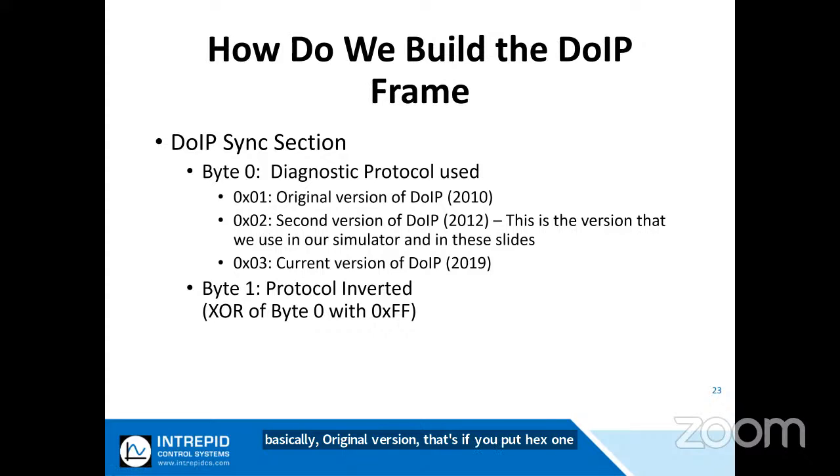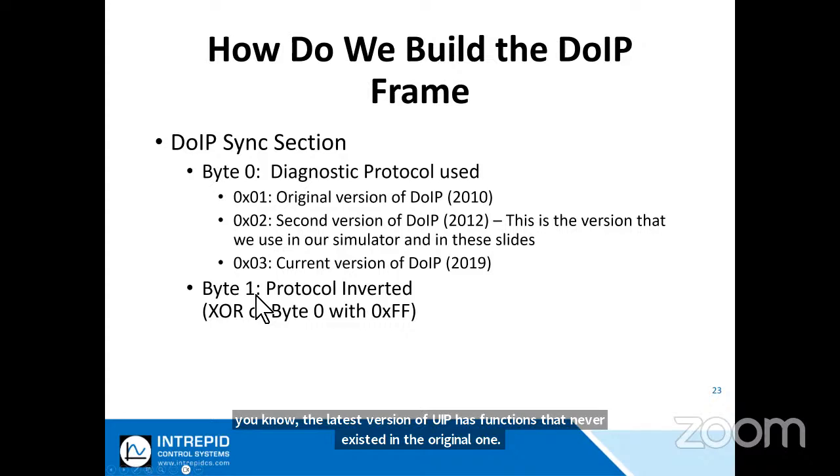Hex 2 is 2012, which is, by the way, what our simulator in the demo uses at the moment. And all the exchanges you'll see in the slides today start with a 02. The current version of DoIP, which is 2019, would be hex 3. This is how I can identify what formats I use for different things, because the latest version of DoIP has functions that never existed in the original one.